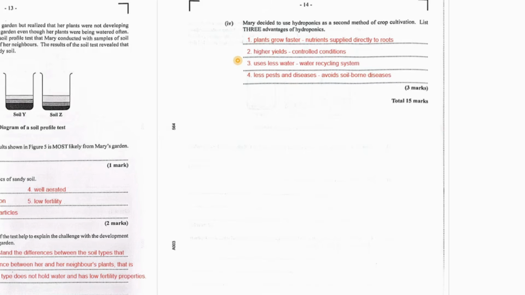You're going to get higher yields because you have better control of the conditions that you want. And she's also going to have less pest and disease issues because she's avoiding using soil on a whole, and soil is where a lot of the diseases come forward with plants.